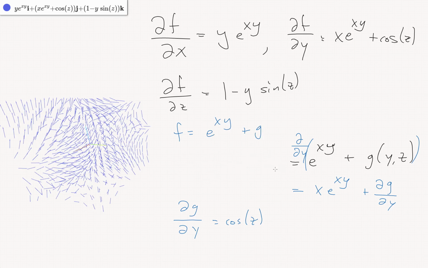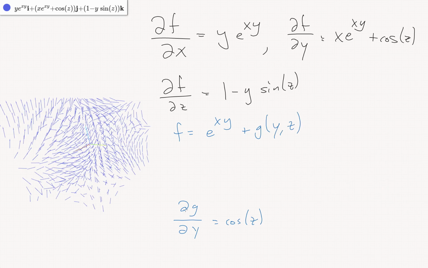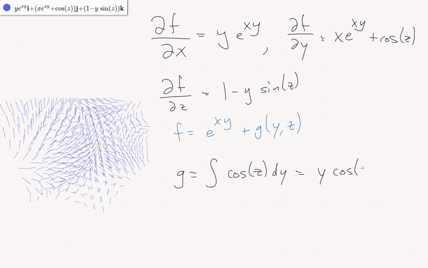So now we'll do the same thing. We'll integrate g with respect to y. So g is the integral of cos z dy, which is y cos z, and now again plus something that's constant in terms of y, so now only depending on z.